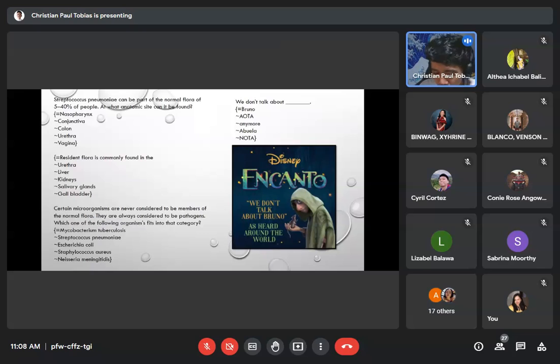Kapag may MTB ka, kahit isa lang na makikita sa sputum, isolate na sa room kasi pwede pang kumalat. Okay, Streptococcus pneumoniae, sabi nga natin dito, yung Escherichia coli, meron yan sa guts natin, sa intestines, Staphylococcus aureus, meron yan sa skin, Neisseria meningitidis, normal flora.